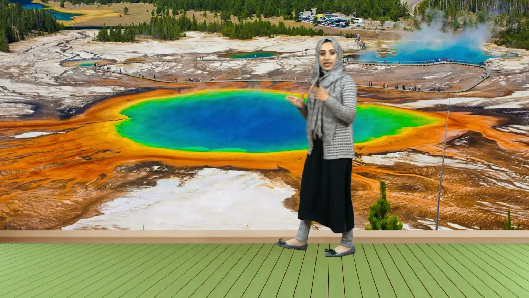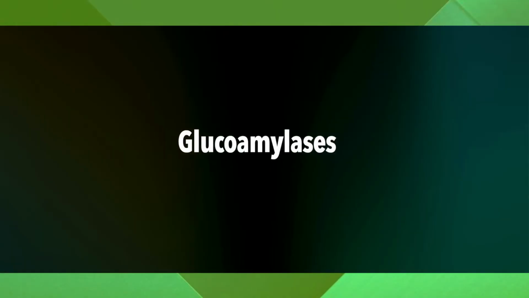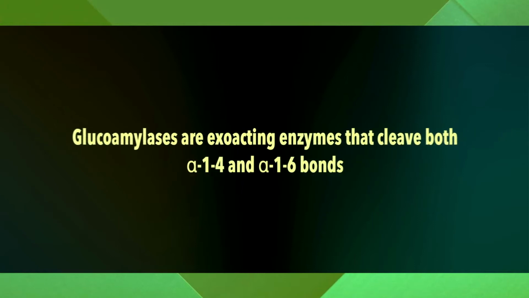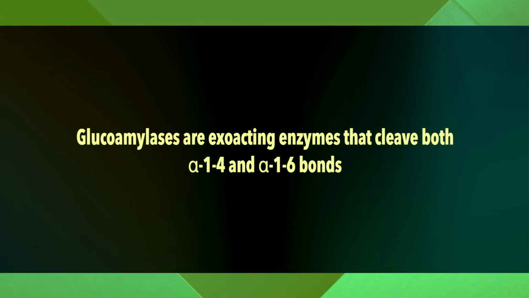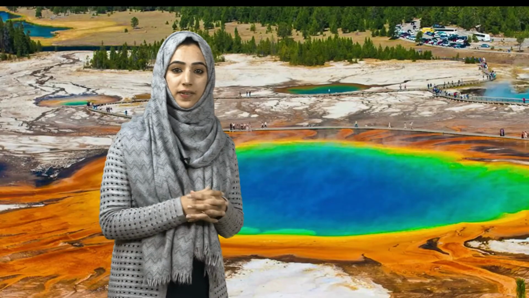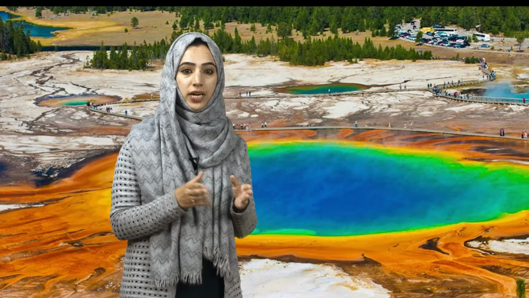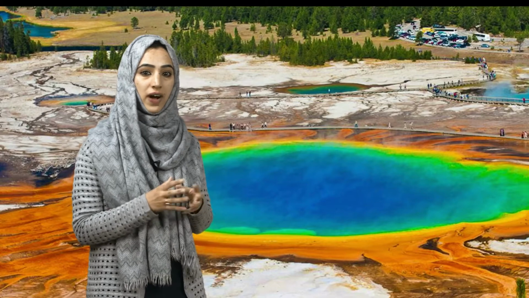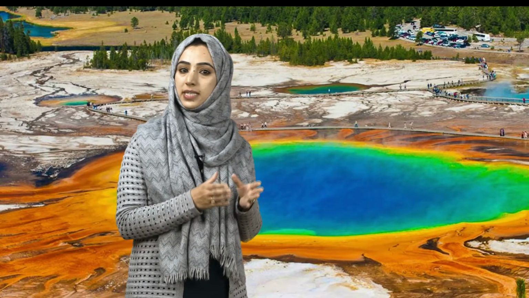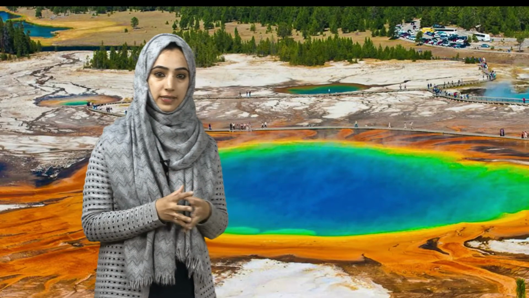Moving on to the next, that is glucoamylases. Glucoamylases are exo-acting enzymes that cleave both alpha-1,4 and alpha-1,6 bonds. These enzymes are currently used in the second step of starch conversion, in which they are used for the production of high glucose syrup from starch-originated polysaccharides.